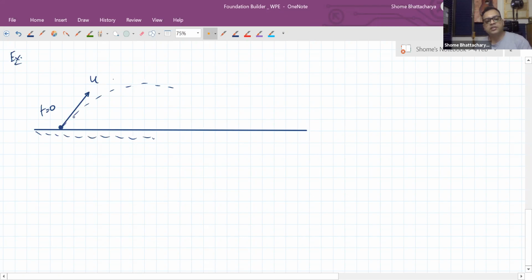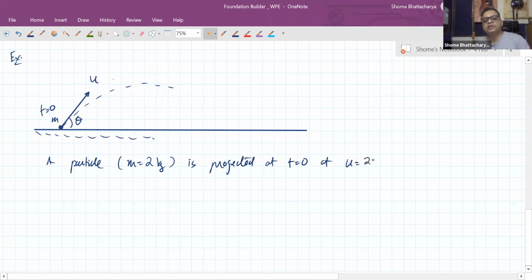We are firing it at a speed u at an angle theta of projection with respect to the ground, and the mass of the particle is m. So a particle of mass, let's say 2 kilograms, is projected at t equal to 0 at u equal to 25 meters per second, theta equal to 53 degrees as shown.